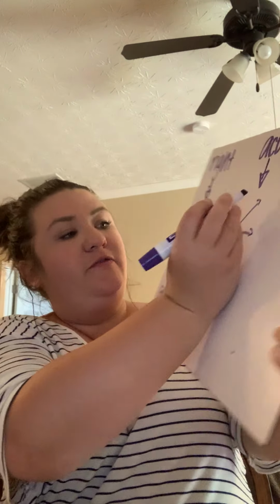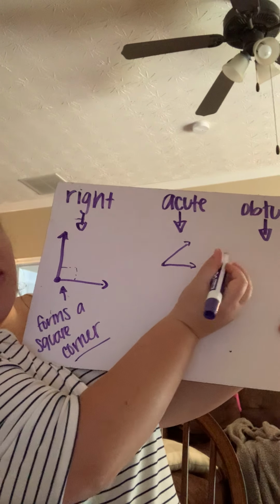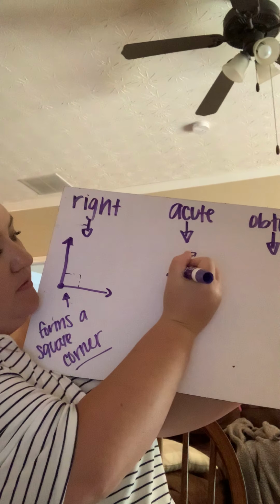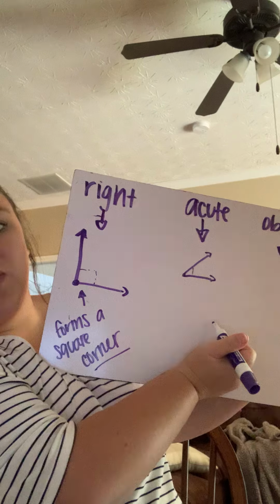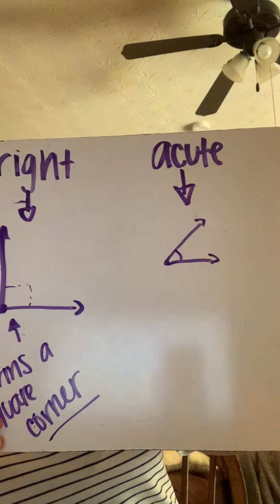And you can't really form a square. That's not a square, that's more of a rectangle. So these are going to have something like that. Those are acute angles, less than a right angle.